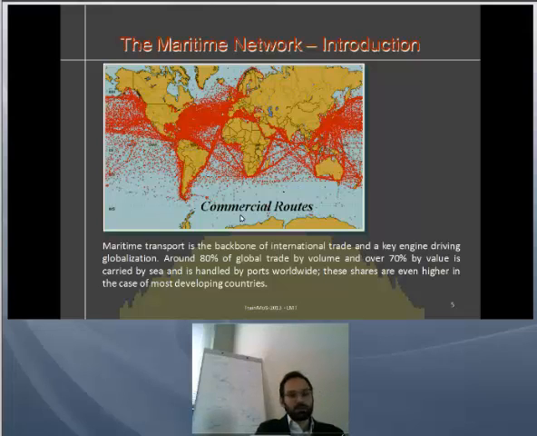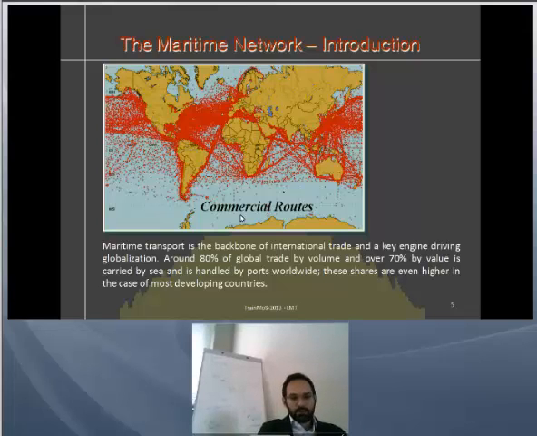Around 80% of the global trade by volume is done by maritime transport, and around 70% by value is carried overseas. Of course, the shares are even greater for the developing countries.